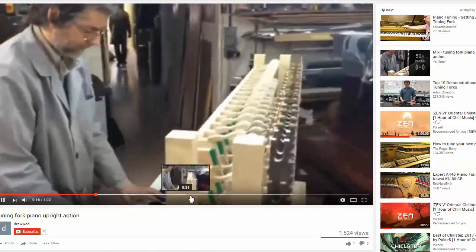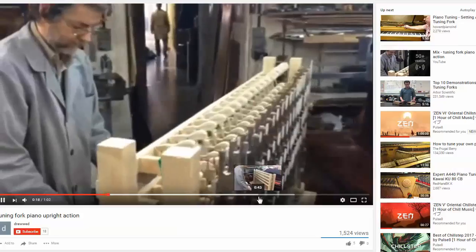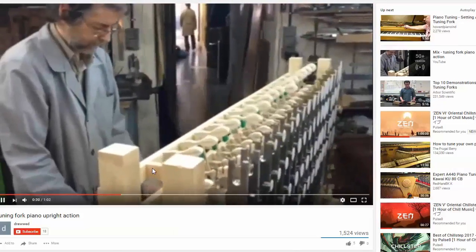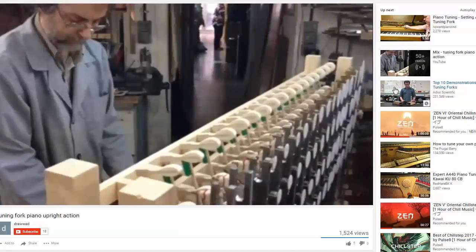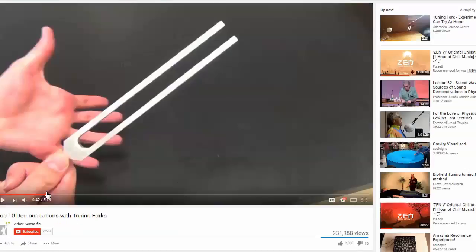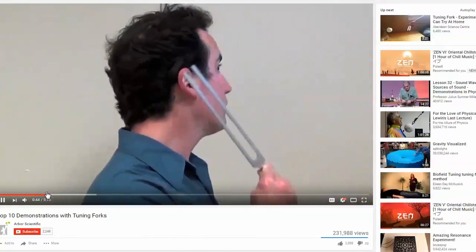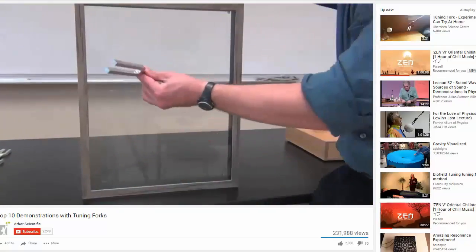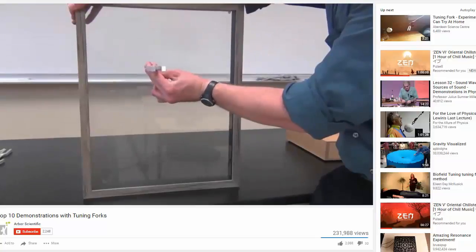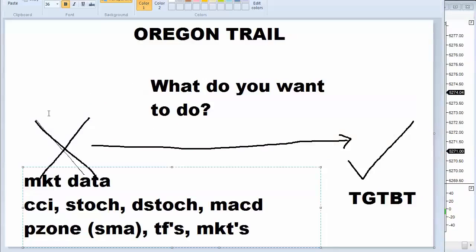Let me see if I can find him hitting that stupid thing. Oh, this is a tuning fork piano. But the guy uses that tuning fork, and when you have that tuning fork and you know that it's perfect, we're going to adjust the charts and the parameters to get to that point.